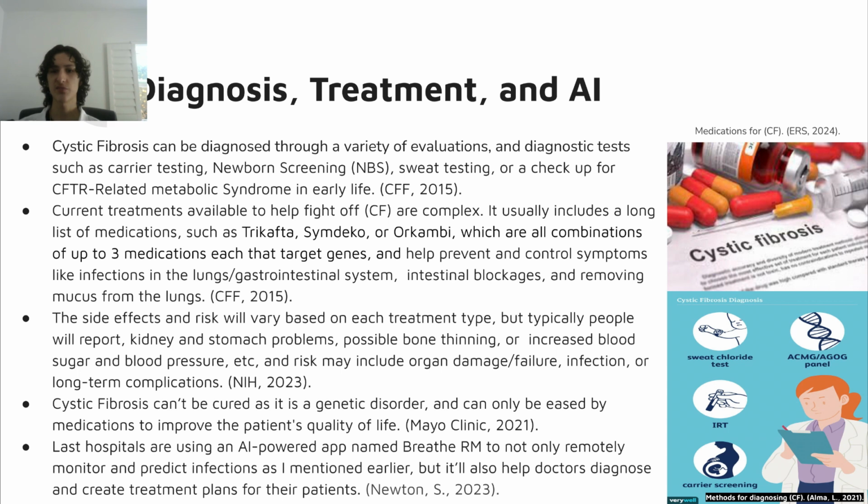Next, cystic fibrosis can't be cured as it is a genetic disorder and can only be eased by medications to improve the patient's quality of life. And lastly, hospitals are using an AI-powered app named Breathe RM to not only remotely monitor and predict infections, as I mentioned earlier, but it'll also help doctors diagnose and create treatment plans for their patients.